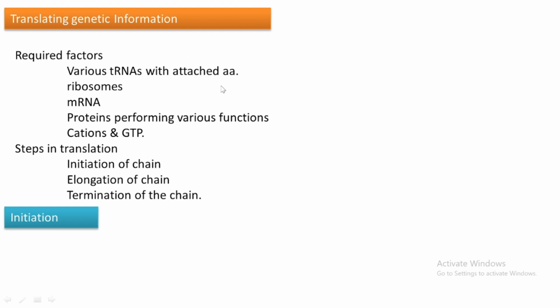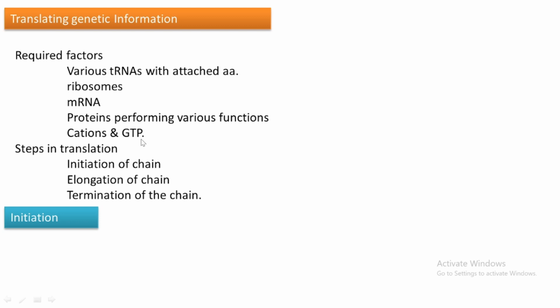We know that various tRNA attached with amino acid is necessary. Then ribosomes, mRNA, it's certain that mRNA should be there, and different proteins that are performing various functions should also be there.